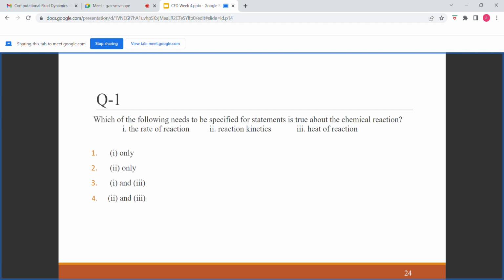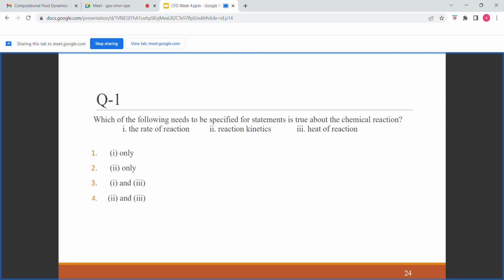So this is a problem involving chemical reaction, and heat transfer is also involved. So basically we'll be solving a set of equations: one continuity equation, 3 momentum conservation equations because the problem is 3D, the energy conservation equation, and the species conservation equations.